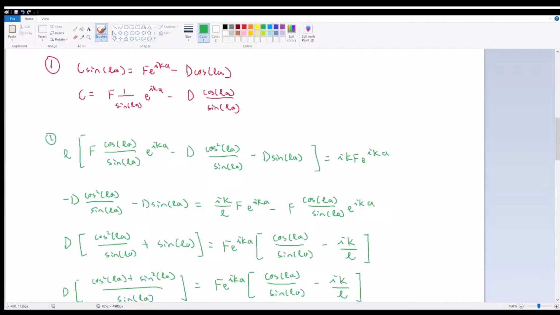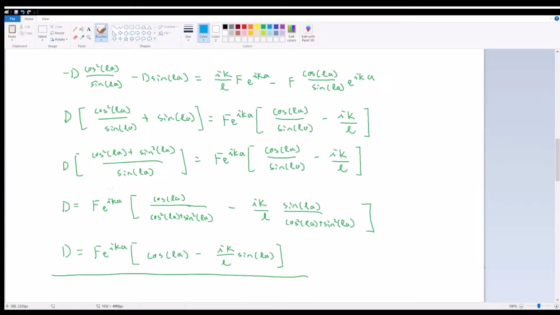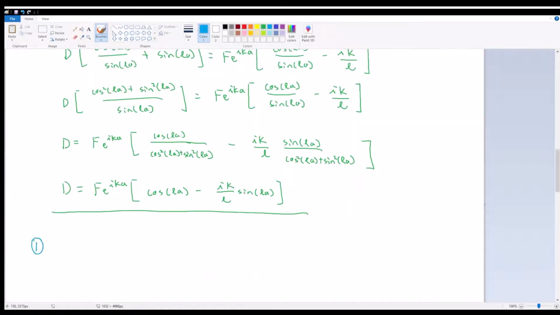Now let's do the same thing and solve for C. So we plug back in to equation number 1. Let's do this final one in blue. So we have equation number 1 telling us that C times sine LA plus D times cosine LA is equal to F e to the IKA.